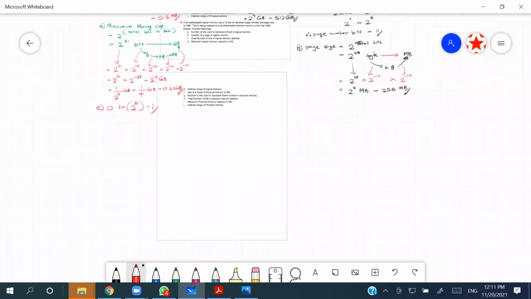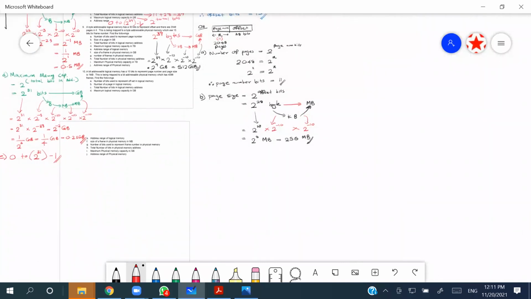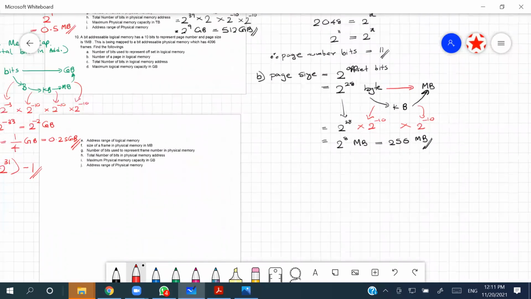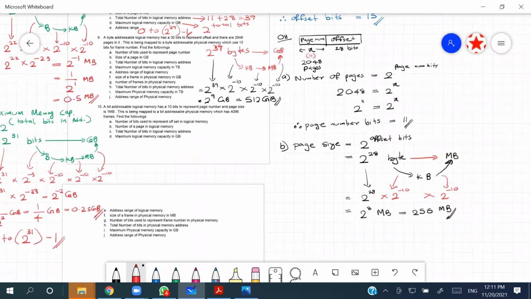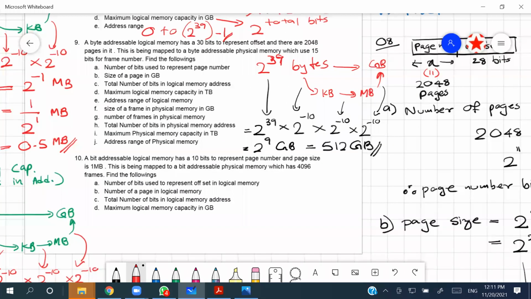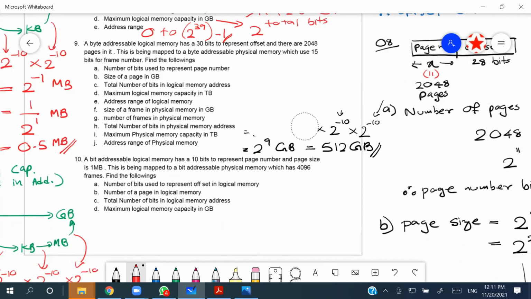So in the 9th question, for your convenience, I will get rid of this part. Otherwise, the question won't be that clear for you.